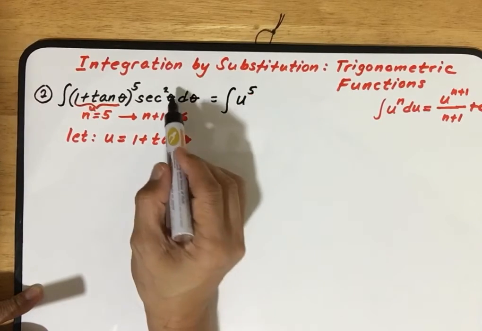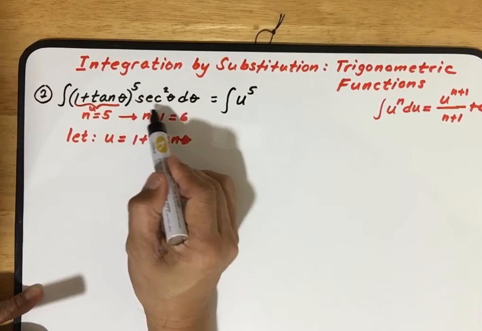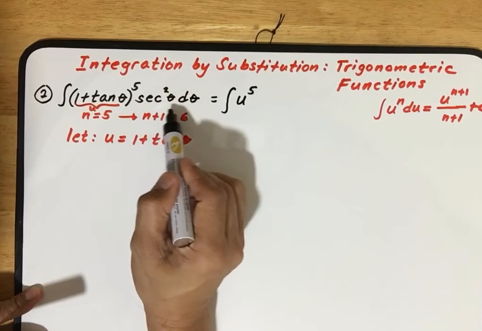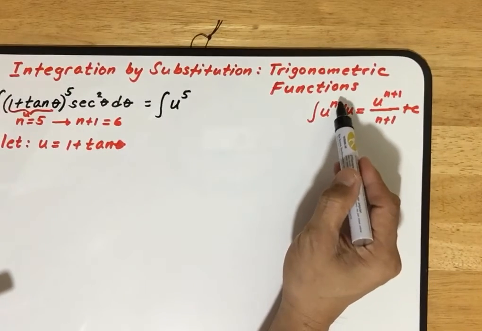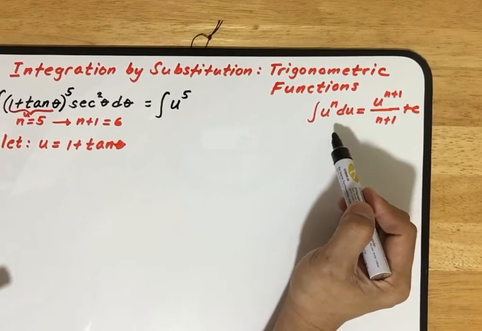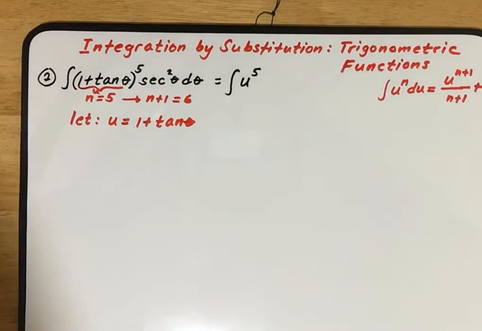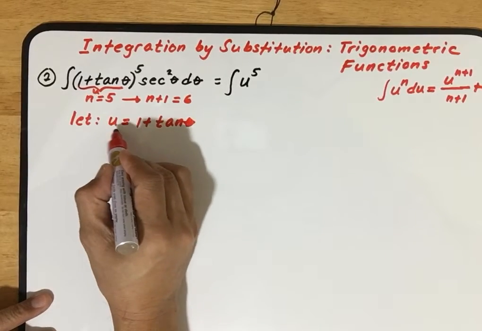And next, you have to find out what secant squared theta d theta is, this part here, so that we can replace it with an expression that contains our du, so that we can get this form, u to the n du. So how to find that? We are going to differentiate, or take the derivative of this u.